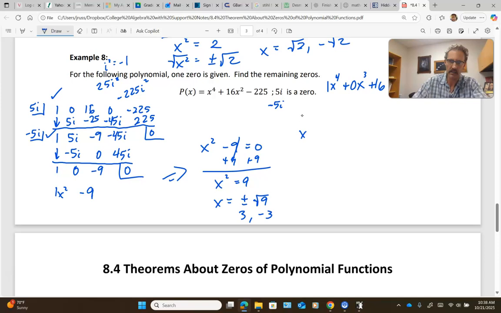But in any case, all of my zeros are, and there's 4 of them, 2 of them are real. They're real and they're integers, or rational numbers. And then the other 2 are purely imaginary numbers, or zeros. So if you were to graph this polynomial, it would only cross the x-axis at these two values, 3 and negative 3.